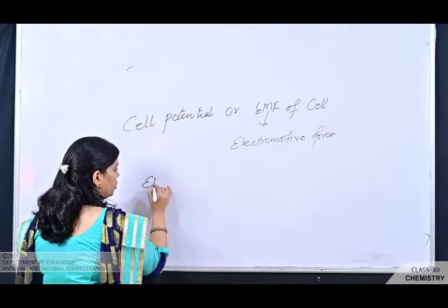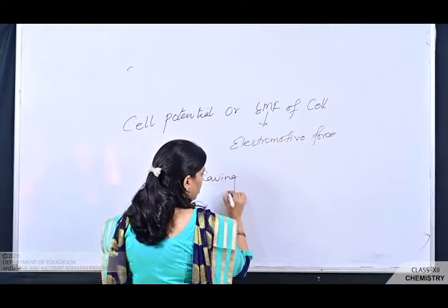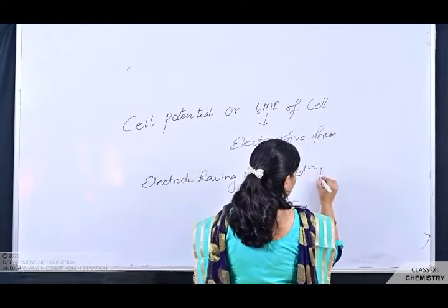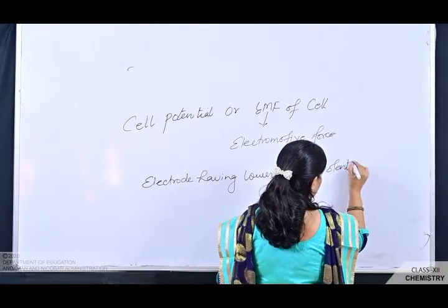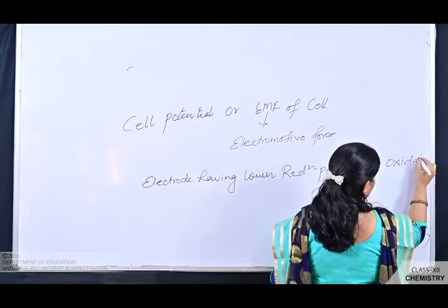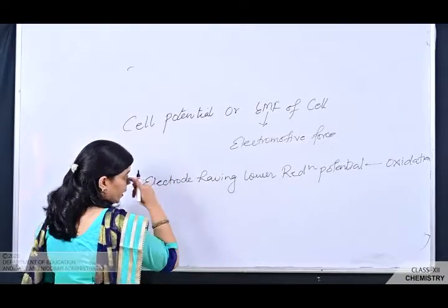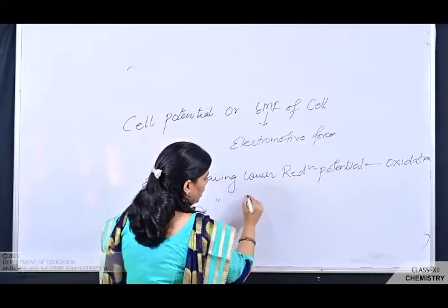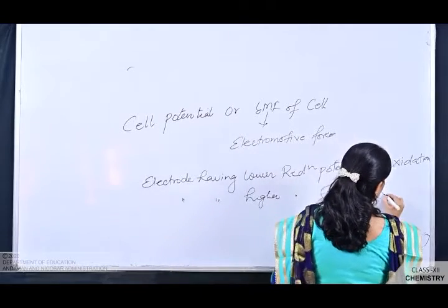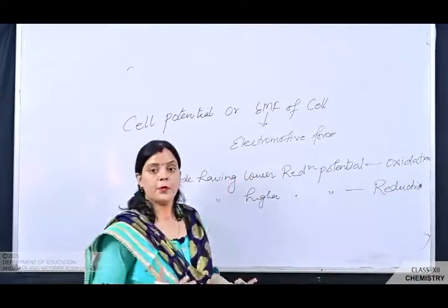That is, the electrode having the lower reduction potential undergoes oxidation, whereas the electrode having the higher reduction potential undergoes the reduction process because it has a greater tendency to accept electrons.